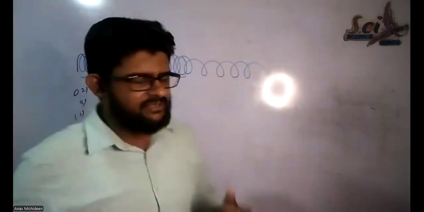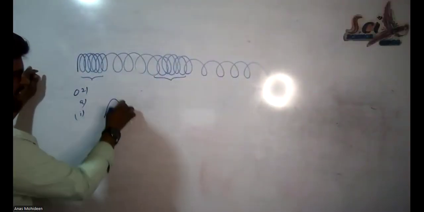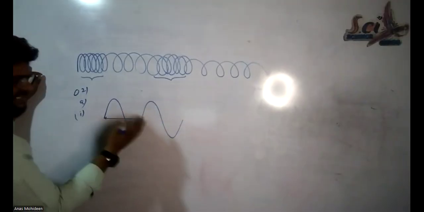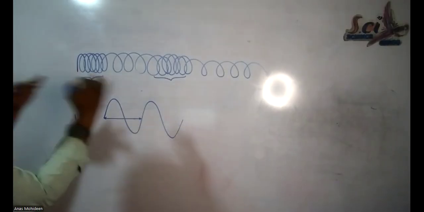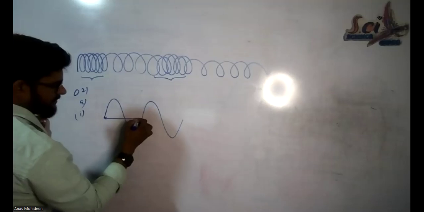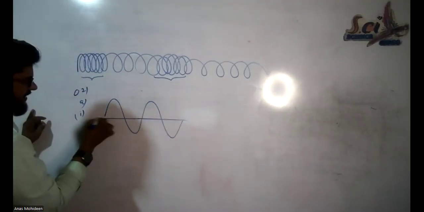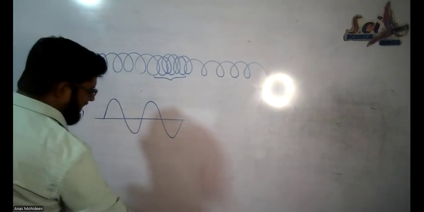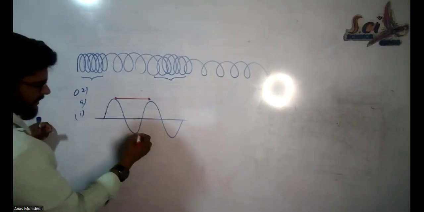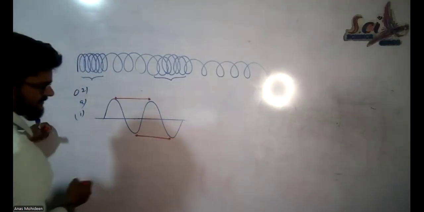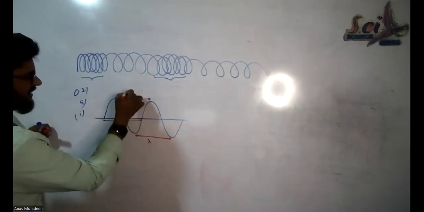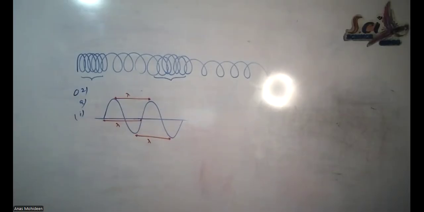For a transverse wave, it is the length between two consecutive points having the same state, the same phase. You can take two crests next to each other, or two troughs, or the starting point to the starting point of another wave. All these are wavelength.